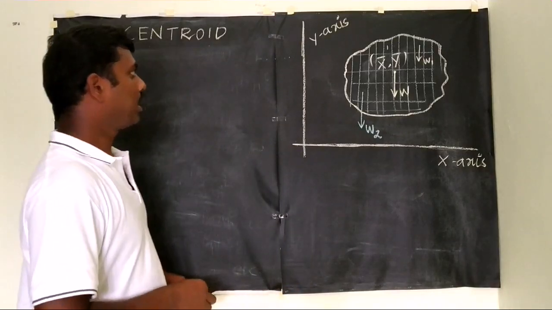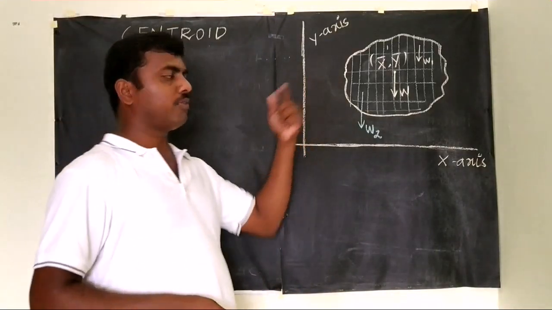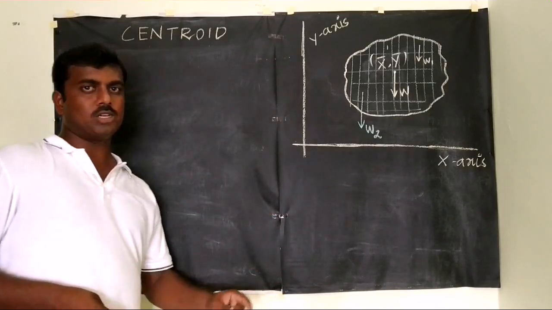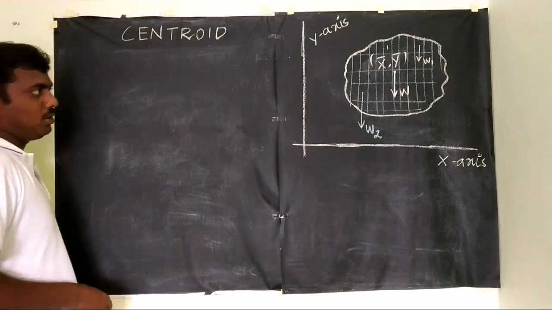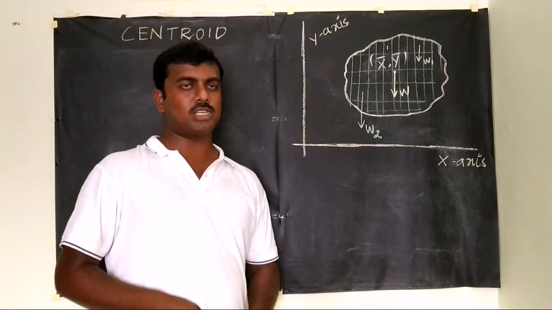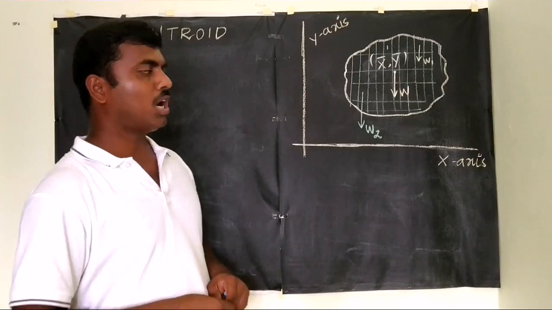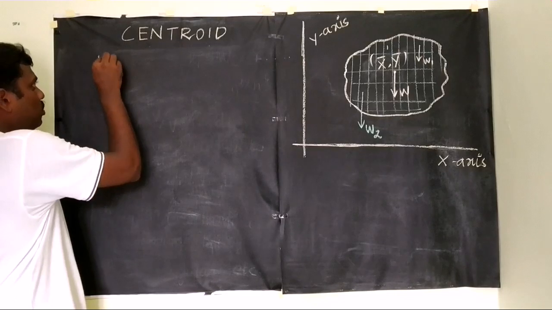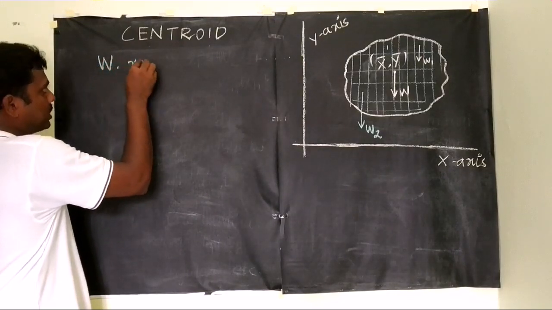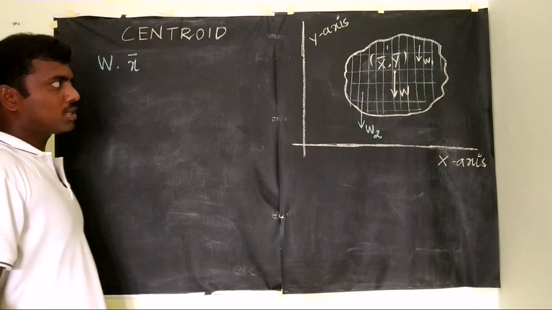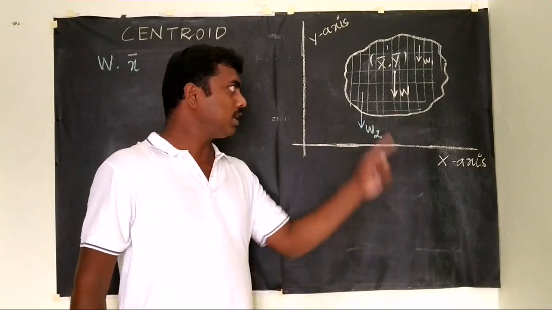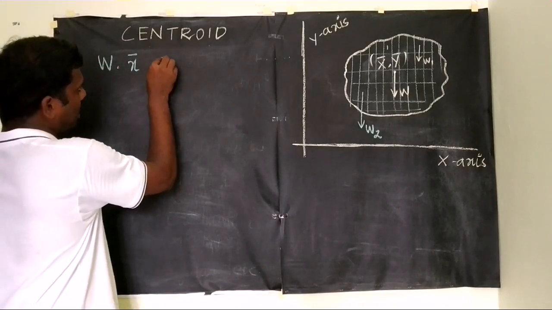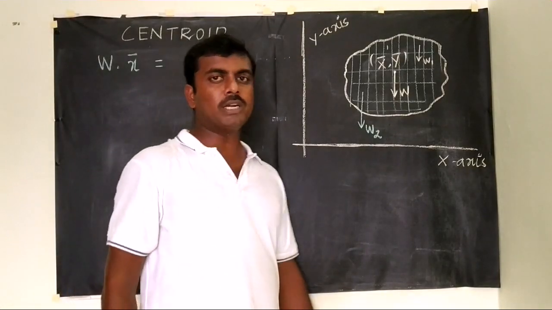Let me find what the X bar value is. For that, we will take moment about the Y axis. Moment is nothing but force into perpendicular distance. Here, the total moment caused by the self weight of the lamina, W into X bar, is equal to the sum of the moments caused by the self weights of the individual elementary parts.